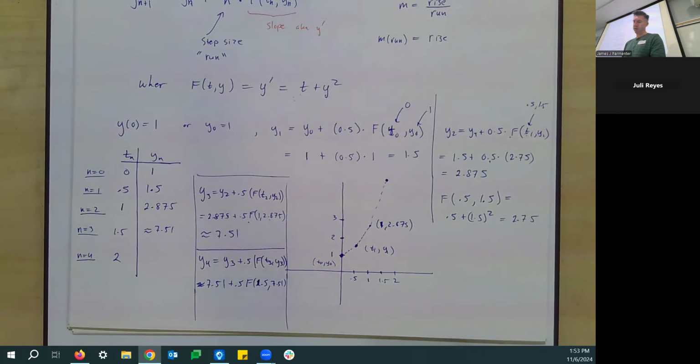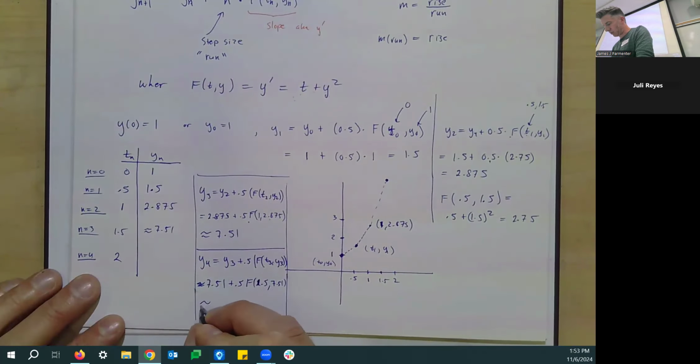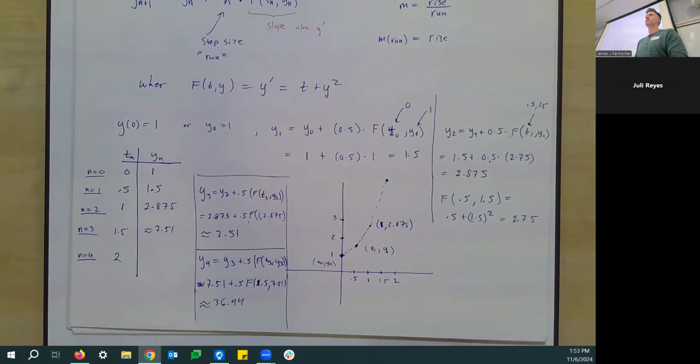And then with the calculator, we end up with approximately 36.44. So it gets pretty big here. But the idea is that if we actually knew the solution to this and plugged in 2, we might get something reasonably close to 36.44.